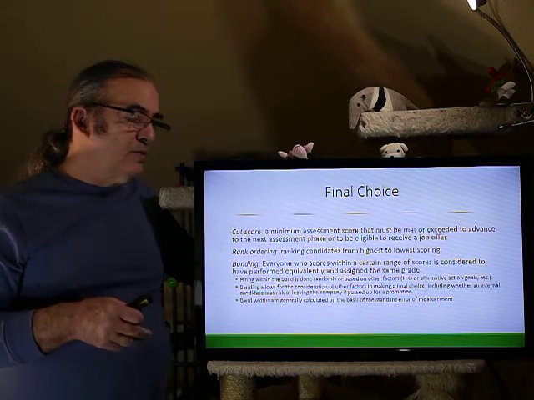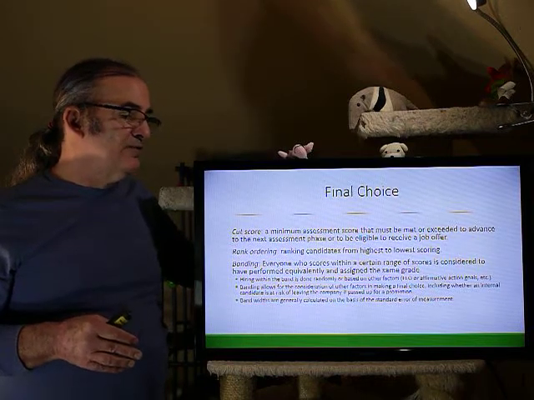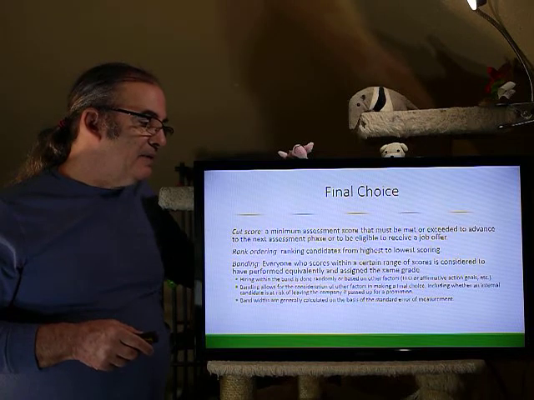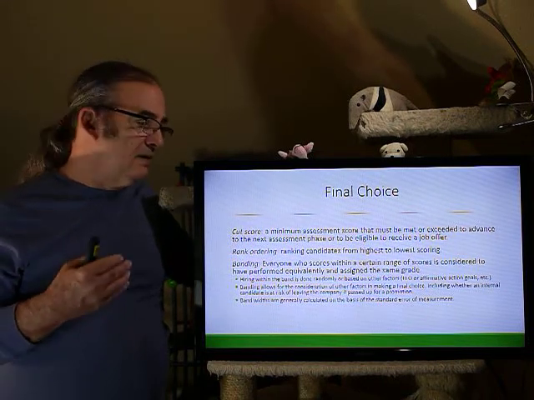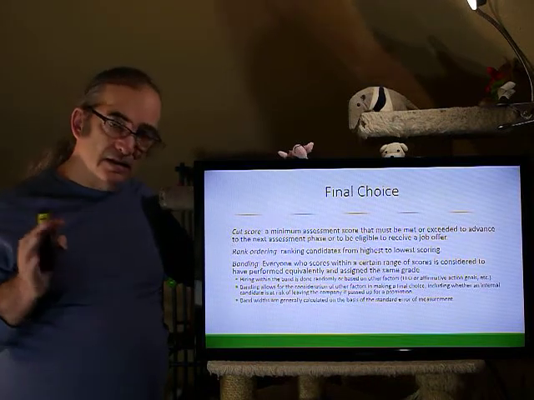Banding: everyone who scores within a certain range of scores is considered to have performance equivalent to each other. And hiring within the band can then be done randomly or based on other factors like EO or affirmative action goals, and that's allowable.